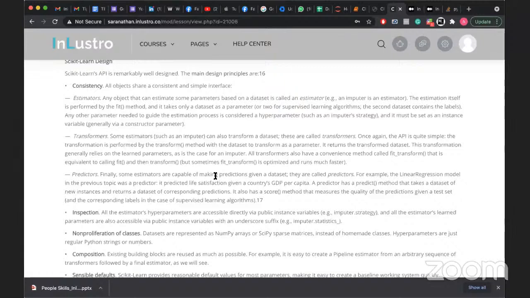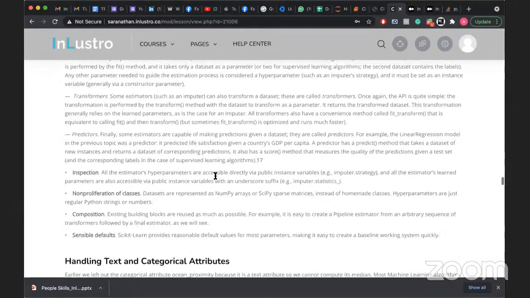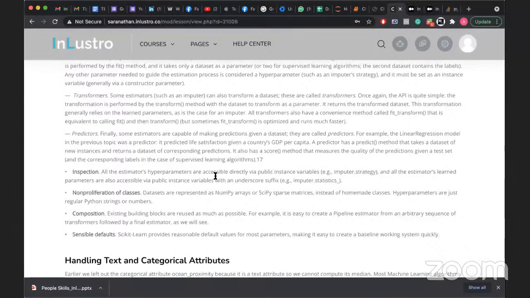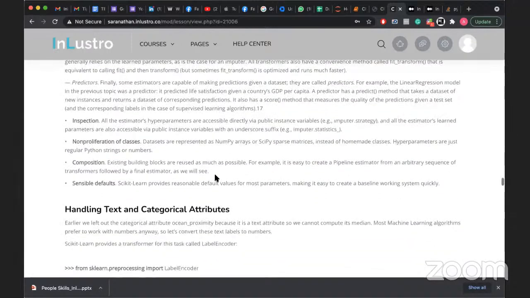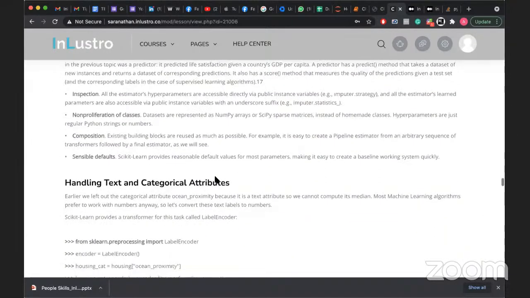Datasets are represented as NumPy arrays or SciPy sparse matrices instead of homemade classes. Composition: existing building blocks are reused as much as possible. It's possible to create a pipeline estimator from an arbitrary sequence of transformers followed by a final estimator. So we're going to see it's possible to create a composition of all these transformations. Okay? There's a sensible default for most parameters.